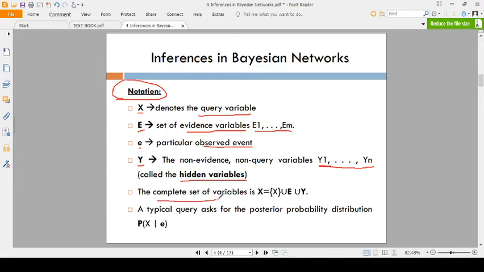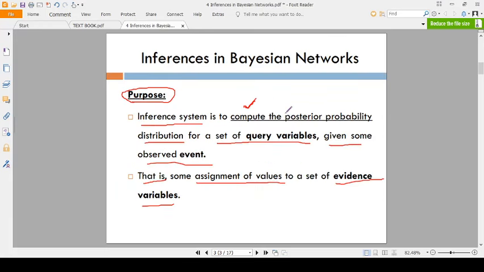The complete set of variables capital X equals the set of query variables union evidence variables union hidden variables. So this is the complete set of variables. You are calculating posterior probability for the query variable.